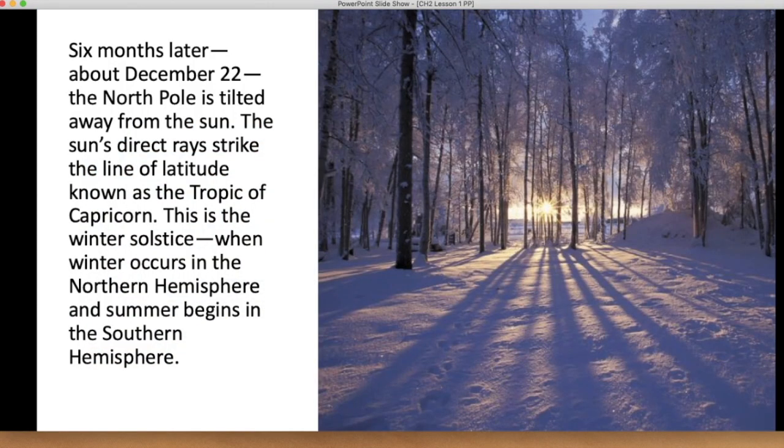Six months later, about December 22nd, the North Pole is tilted away from the sun. The sun's direct rays strike the line of latitude known as the Tropic of Capricorn. This is the winter solstice, when winter occurs in the northern hemisphere and summer begins in the southern hemisphere.